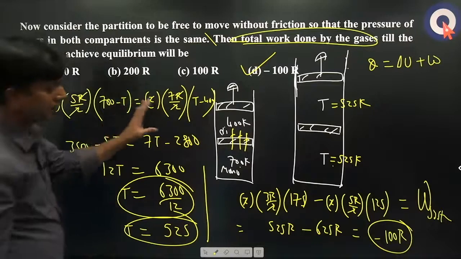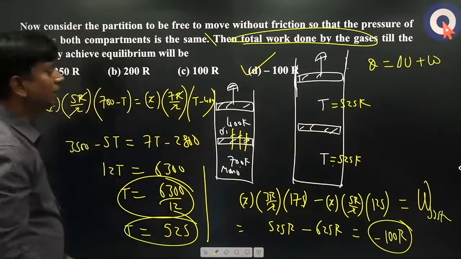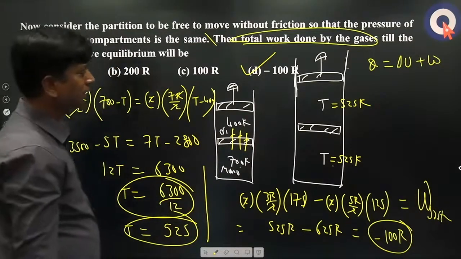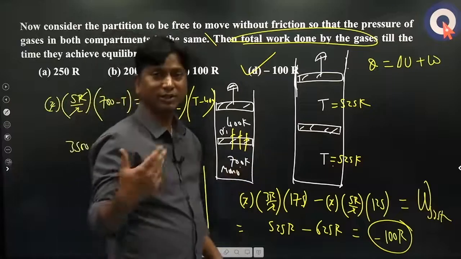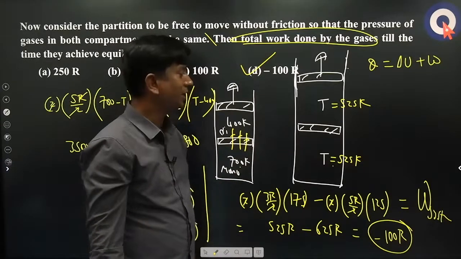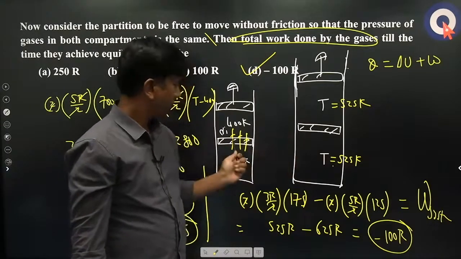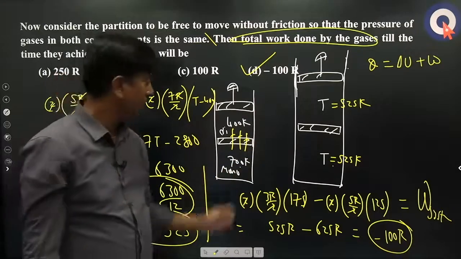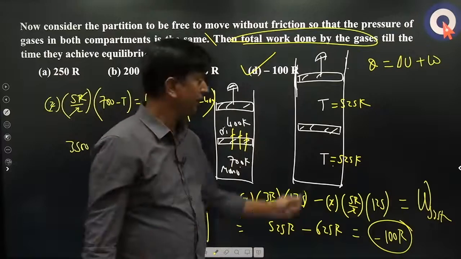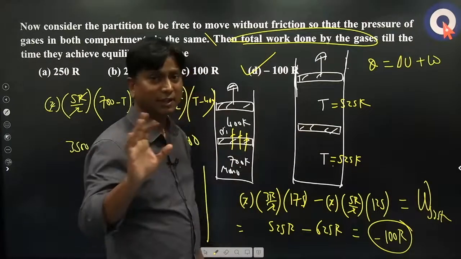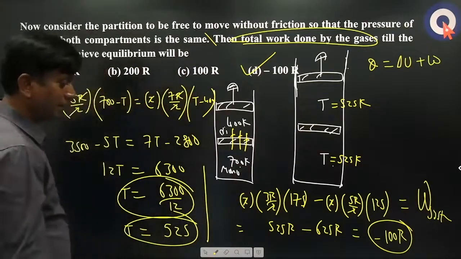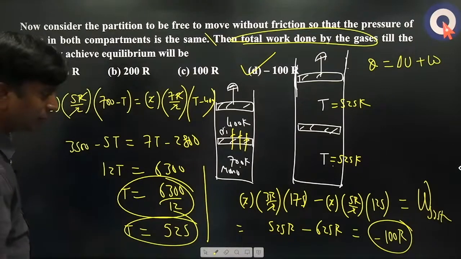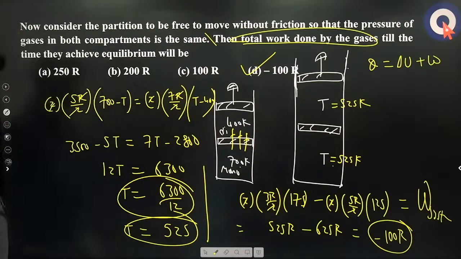So this is also a very good question, right? Here I made sure of what happens when the piston was rigid, what happens when the piston is movable also, and at the same time when the partition was fixed, what happens, and when the partition was movable, what happens. And the partition is always conducting, making sure that on both sides the temperature is the same. Now, one more question I will try to make.